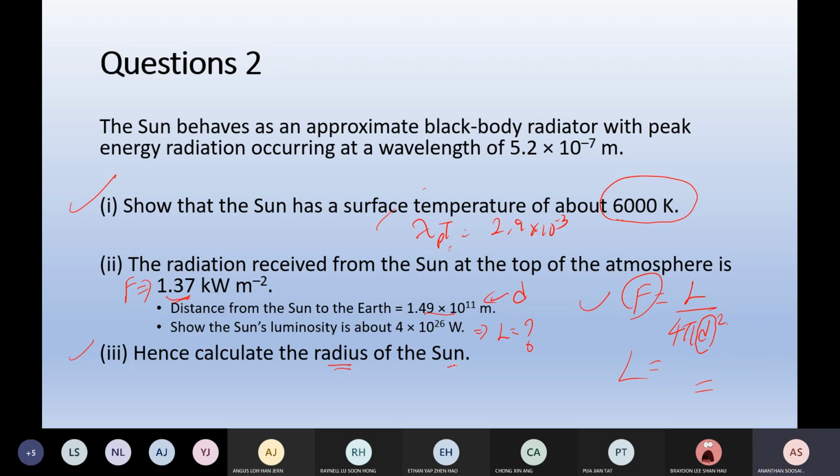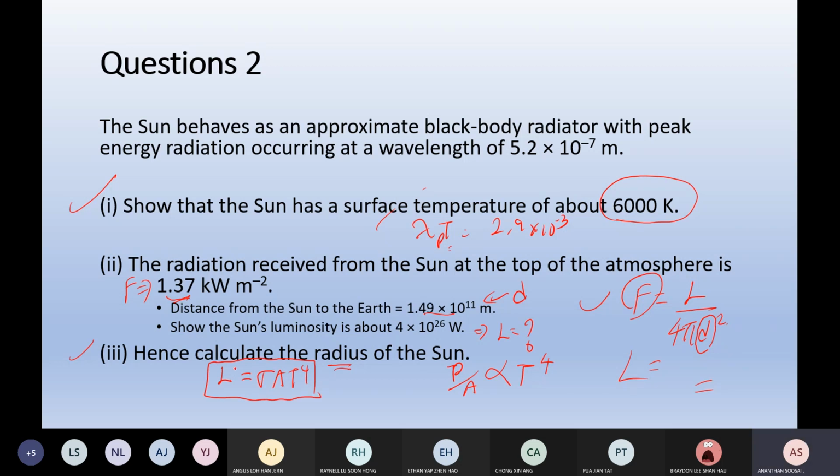The intensity, the power over area of the black body, is directly proportional to T to the power of 4, the thermodynamic temperature. This leads to what formula? We change to luminosity. So luminosity is sigma A T to the power of 4. We stick with this formula.